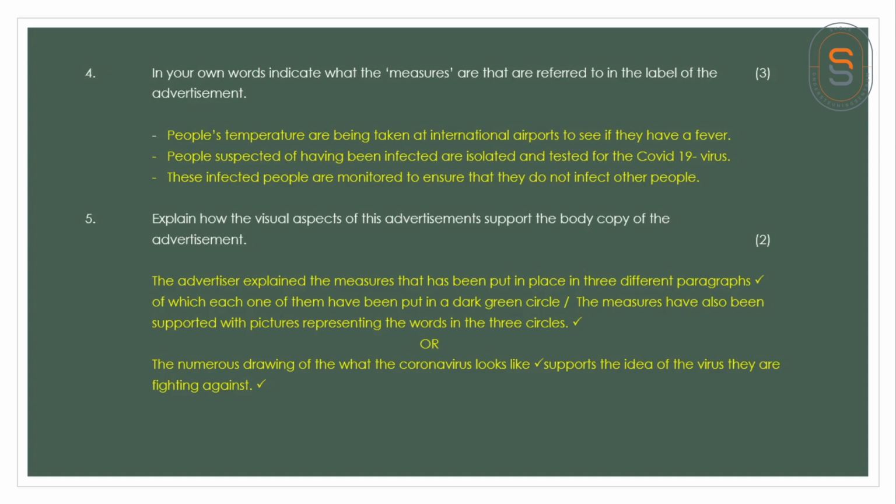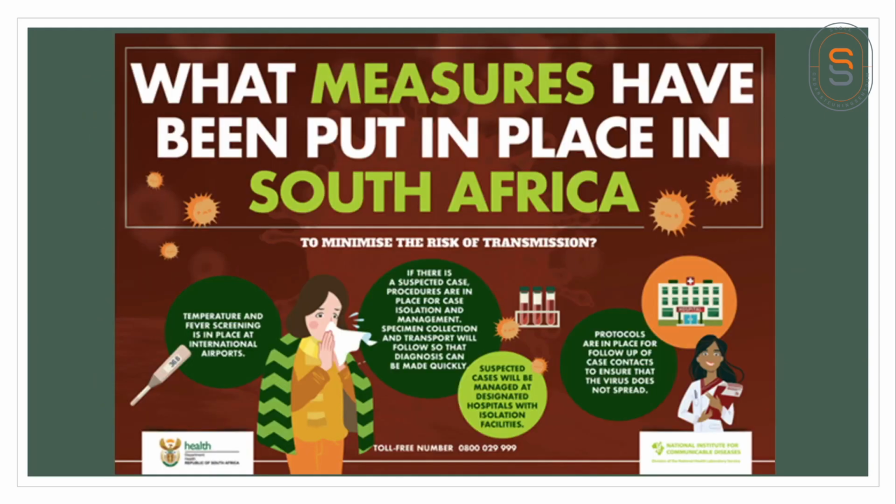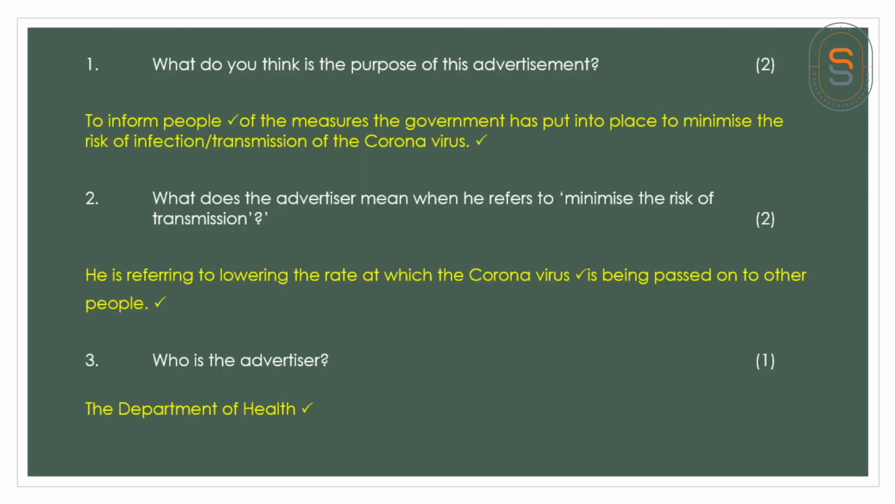People suspected of having been infected are isolated and tested, and these infected people are monitored to ensure that they do not infect other people. Right, make very sure enough information. For 3 marks, you needed to give me 3 things, all right, 3 measures, and that is clearly in the advertisement. You just have to read it very carefully.